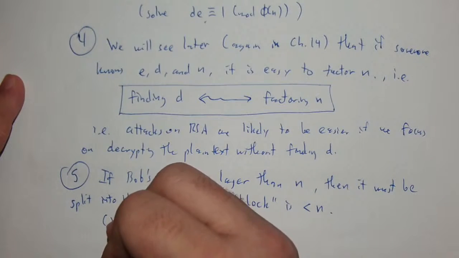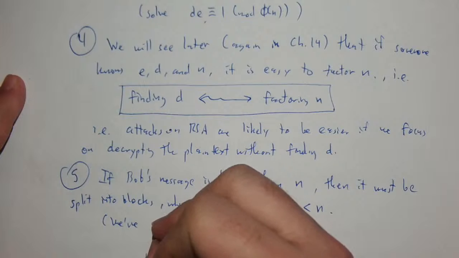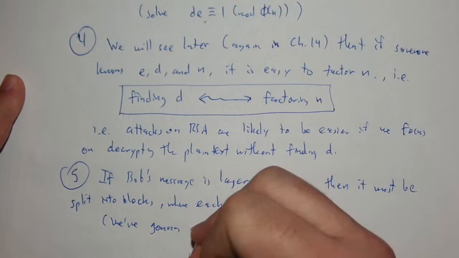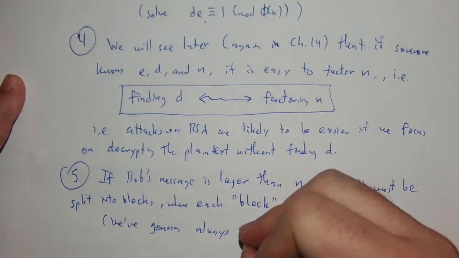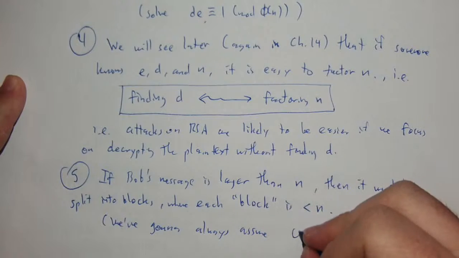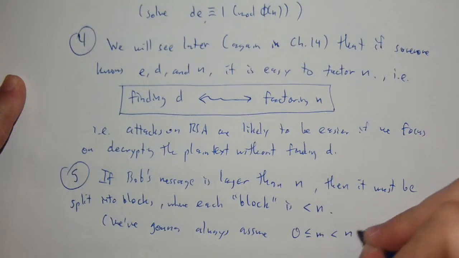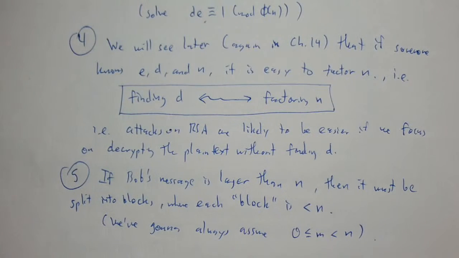So we're just going to always assume that M is less than N so that we don't have to do this. It's just extra annoyance for us.